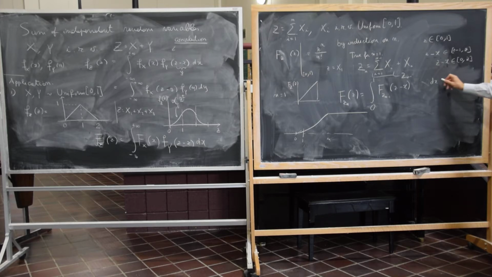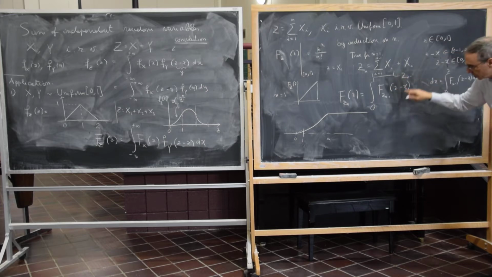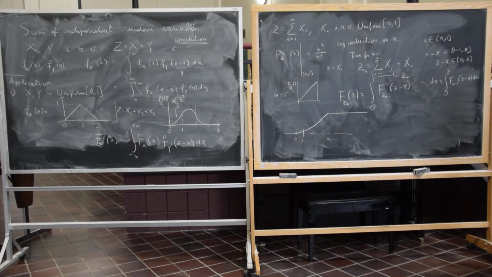So in practice, this integral is the integral from 0 to z of f n minus 1, because if the argument is bigger than z, from z to 1, this function is 0.